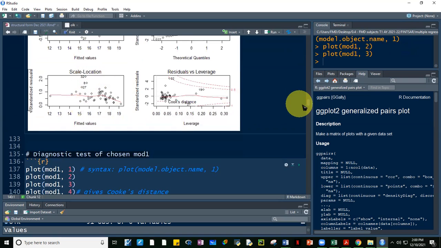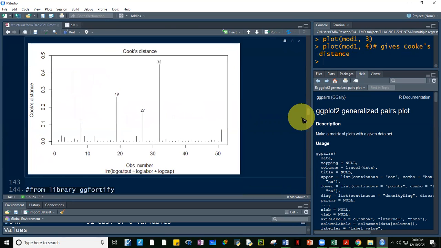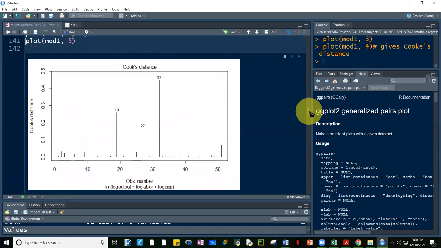Ito. Okay, and then there's number 4. Ito na yung wala dito sa taas, no? Ito yun. So it gives us the Cook's distance. Okay, ano ibig sabihin nun? Cook's distance. The higher, guys, the Cook's distance, the more that particular observation could be a candidate for being an influential point.